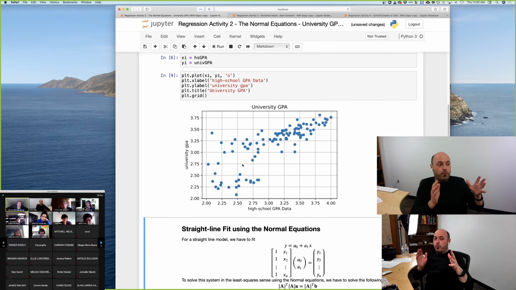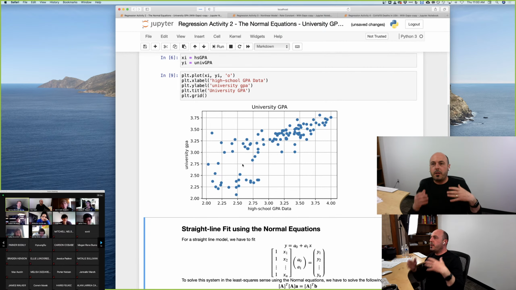Okay, now for the lower GPAs, that's where things become interesting. If you have a lower GPA, that might not necessarily indicate how you'll do in university, because many of us, myself included, used to be horrible with math because it didn't click with me, because it was always thrown at me without a decent and deep explanation.